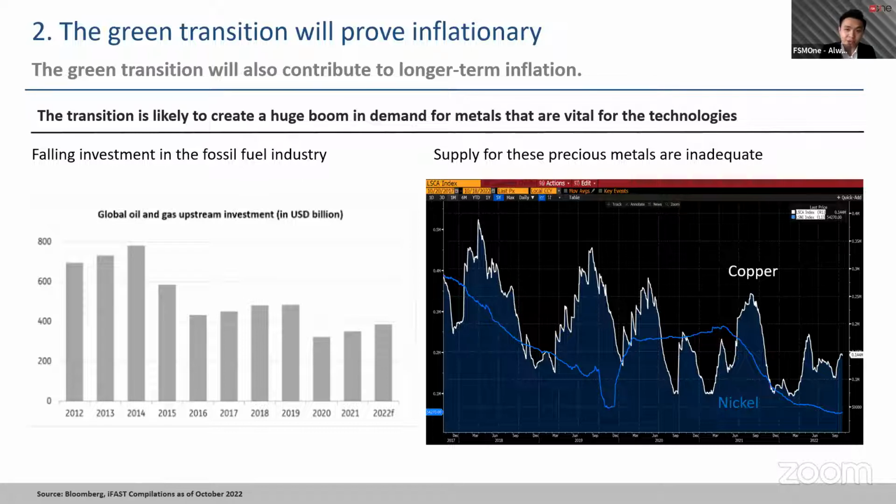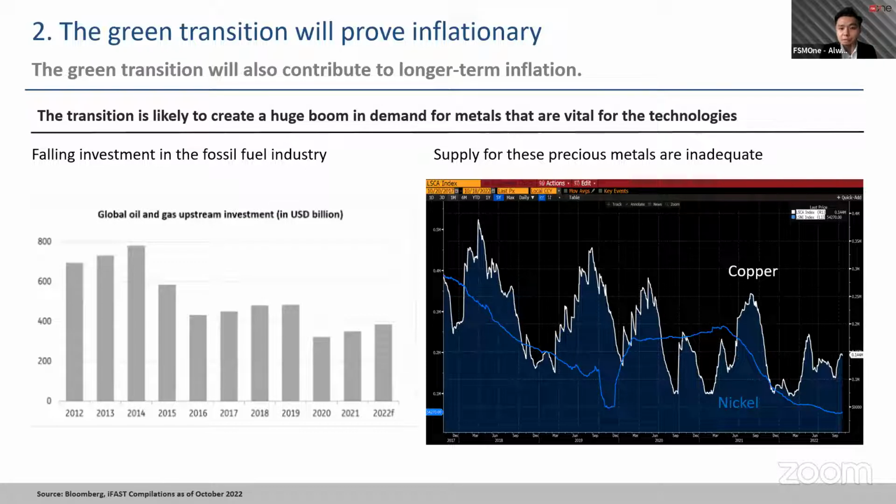And also, we think that the green transition is likely to create a huge boom in demand for precious metals such as nickel, cobalt, lithium, and copper, which are vital for technologies underpinning everything from electric vehicles to renewable energies. But the fact is that these metals are in severe shortage of supply.